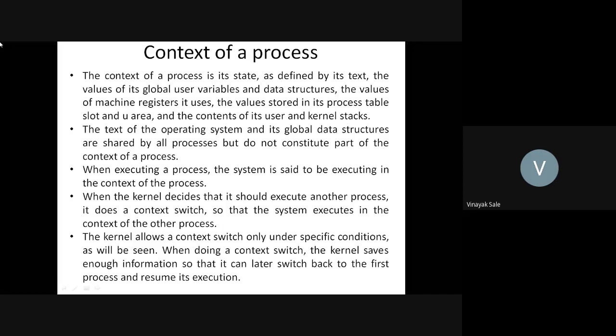When the kernel decides that it should execute another process, it does a context switch so that the system executes in the context of the other process. The kernel allows a context switch only under specific conditions. We will see that when doing a context switch, the kernel saves enough information so that it can later switch back to the first process and resume its execution.